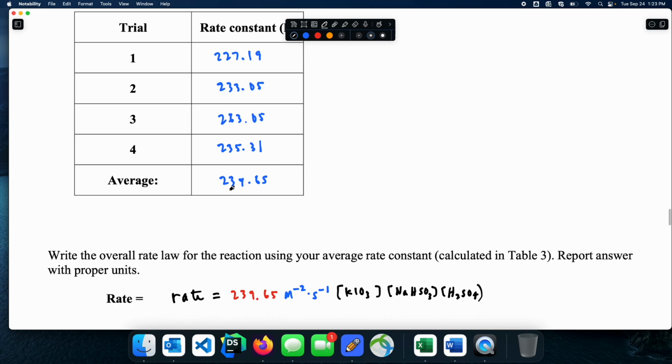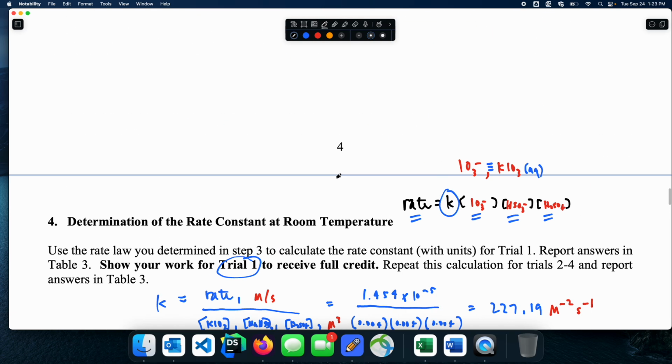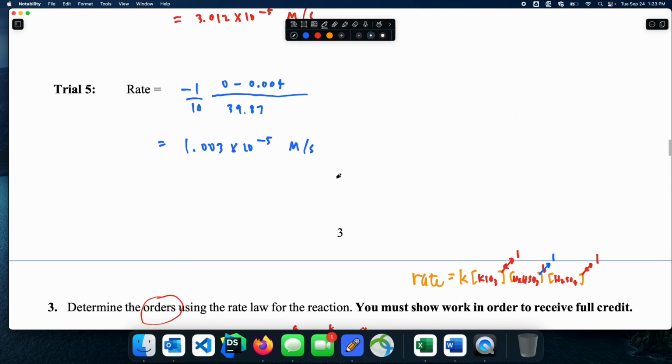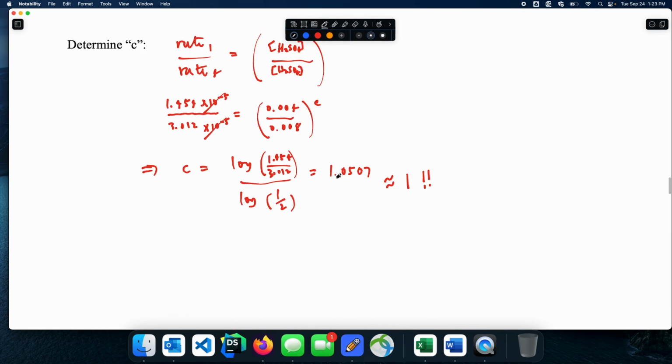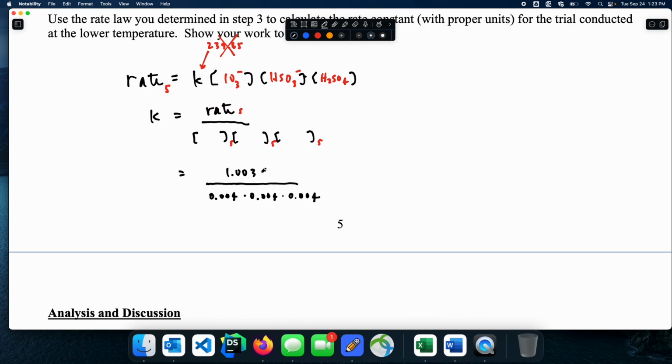Okay. So it was 1.00 something. I forget. Let's go back up and look. Sorry about that. All right. 1.003 times 10 to the negative 5, and this was in molars per second.